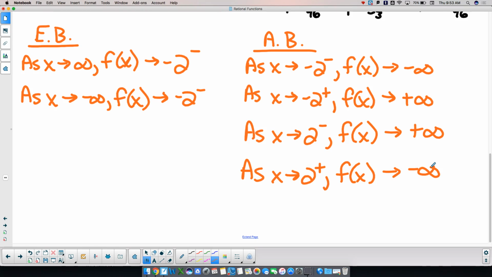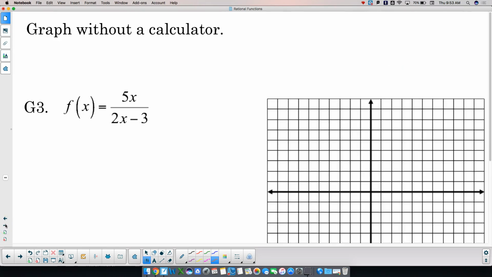So, what I have for you now is a two-phased homework. What I would like you to do is graph this one at some point before your next class.